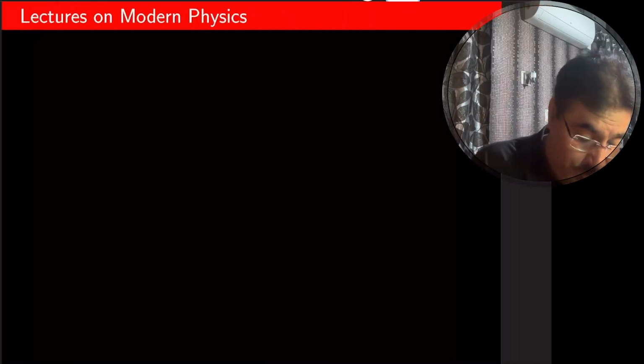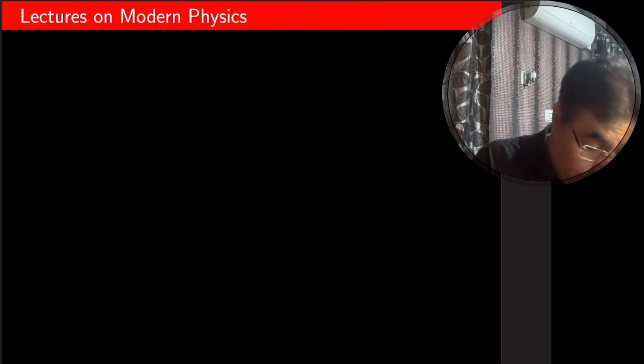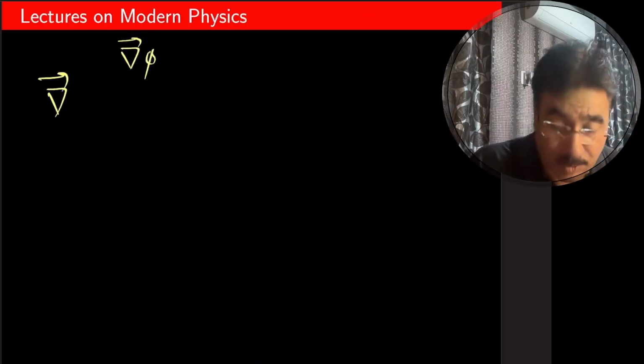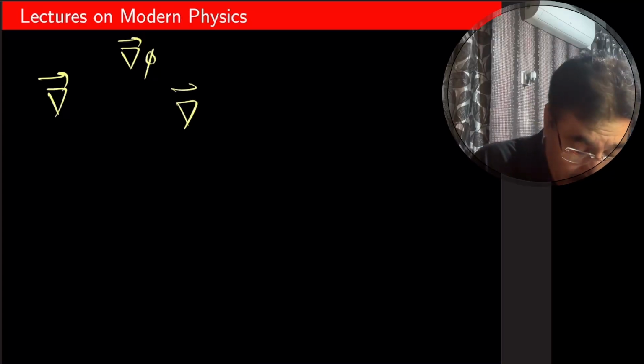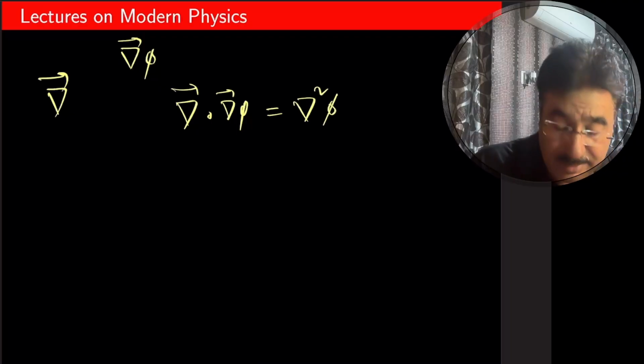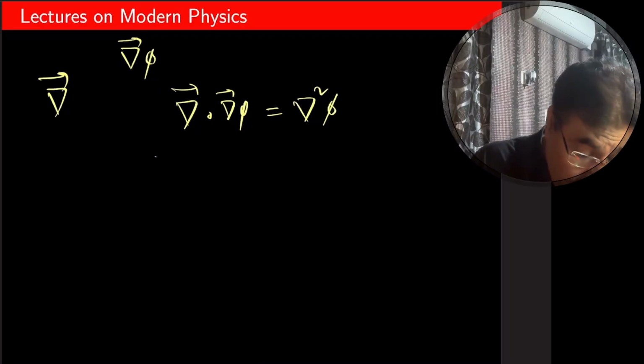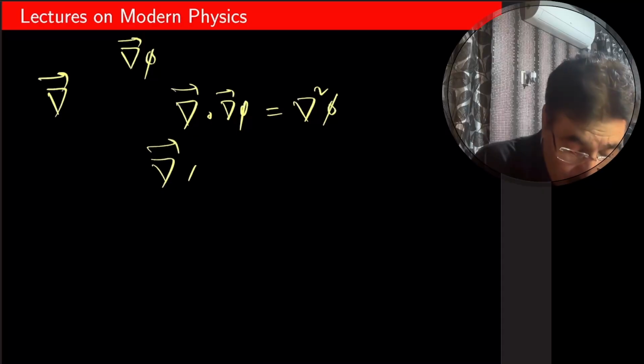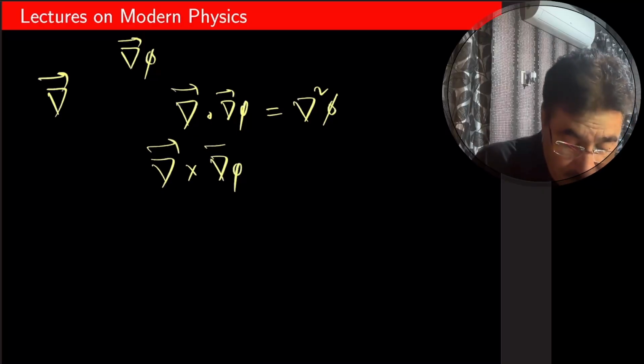What next can we do? This is our vector, and this del operator is our vector. There are two possible operations. One is that I take the divergence of the gradient of phi, and I call this the Laplacian, del square phi. Now what I can do is take the curl of the gradient.